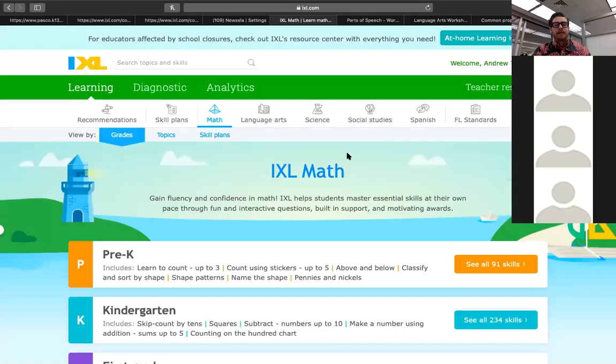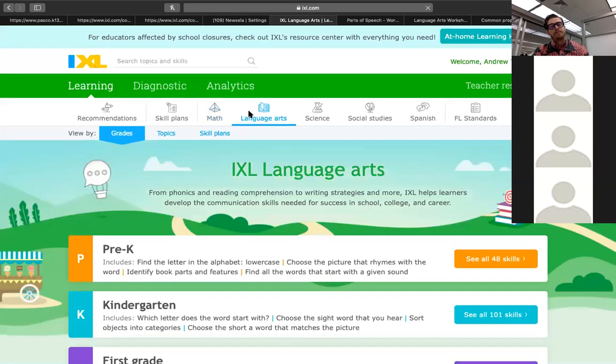You can see this, right? Not really. You can see IXL or no? Nope. It's pitch black again. All right, so I'm going to stop sharing and try again. Can you see now? Now we can. Good.